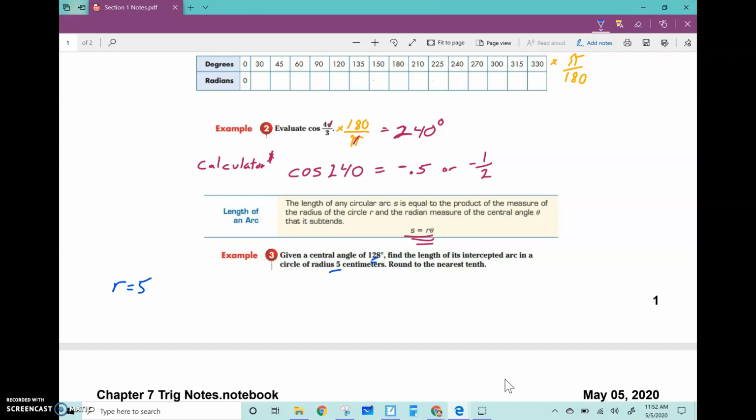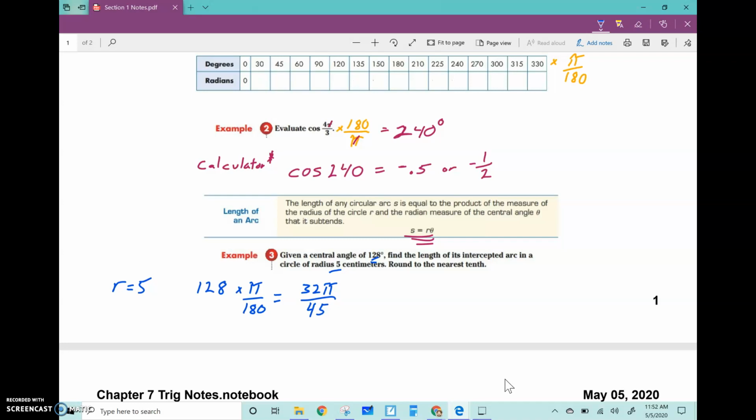We have to convert that by multiplying it times pi over 180, and we end up with 32 pi over 45. The reason we did that is because we're going to do another calculator step here.